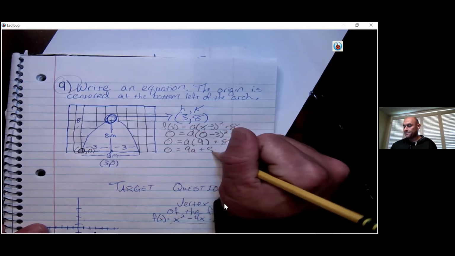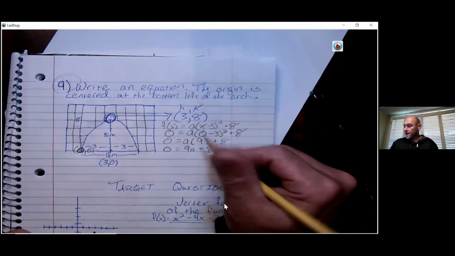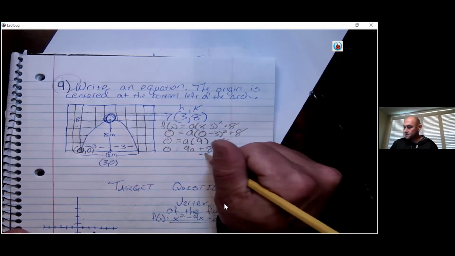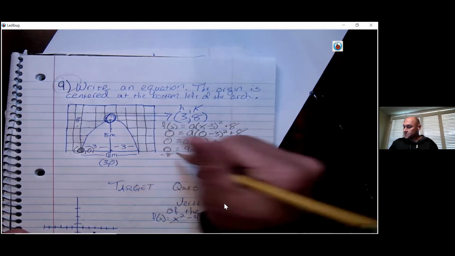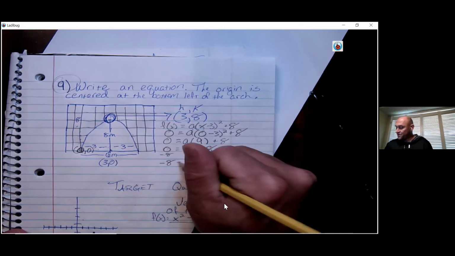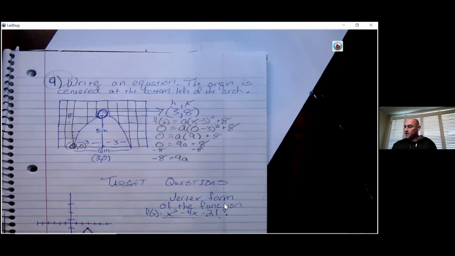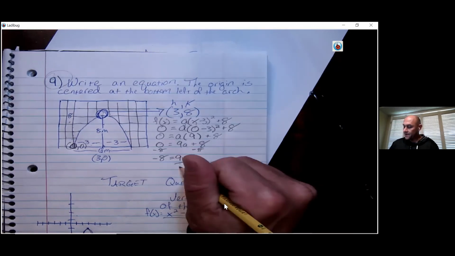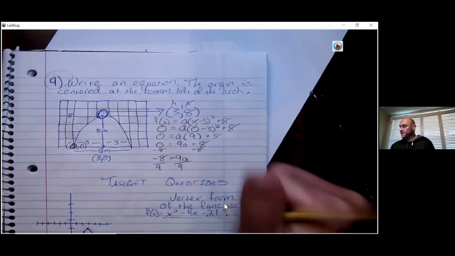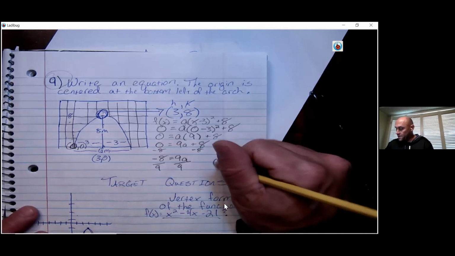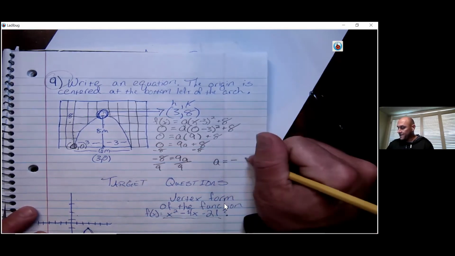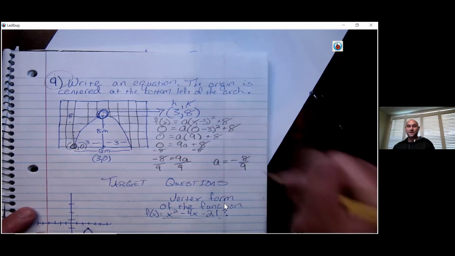And now it's two-step equation time. Subtract 8, so negative 8 equals 9a. Then we divide by 9, leaving us with a equals negative 8 over 9.